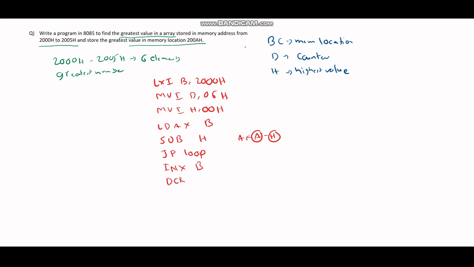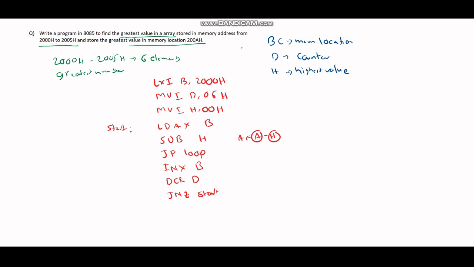Then we decrease our counter, and we continue this whole operation until our counter becomes 0. So let's not write loop, let's provide this as start, and the start will be here.